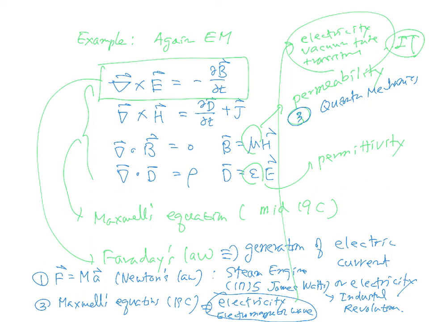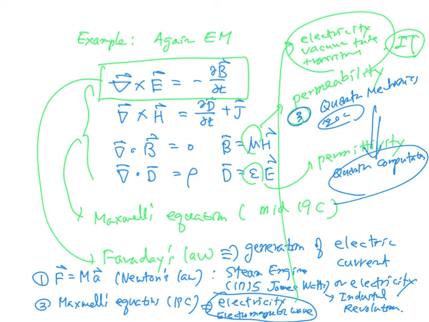So in those domains comes quantum mechanics, in the 20th century. And in the last 20 years, those ideas are applied to quantum computation. Quantum computation can be the basis of the third industrial revolution in the next 100 years.